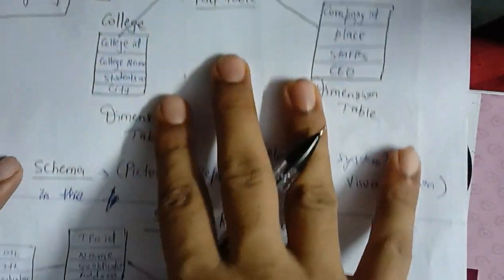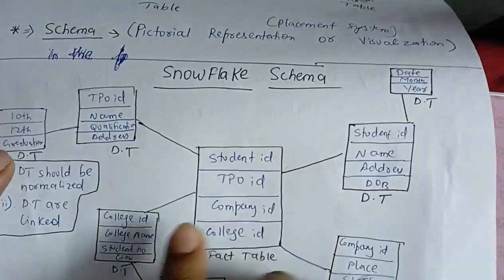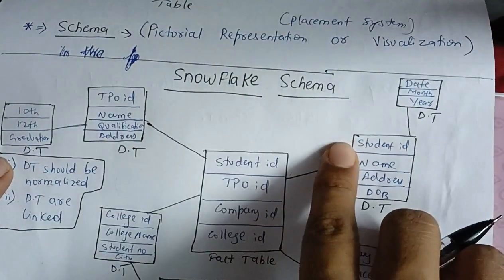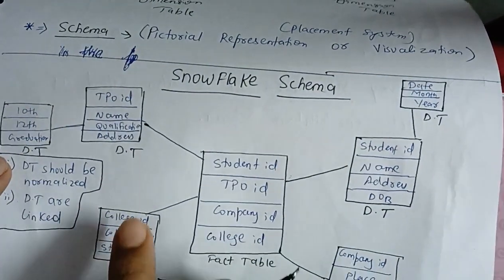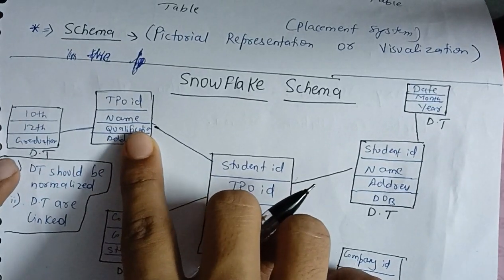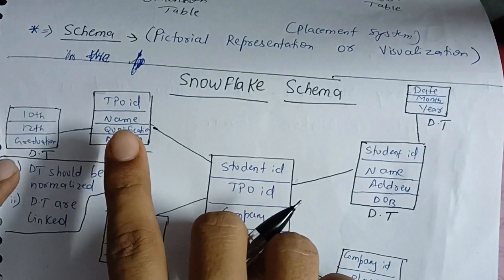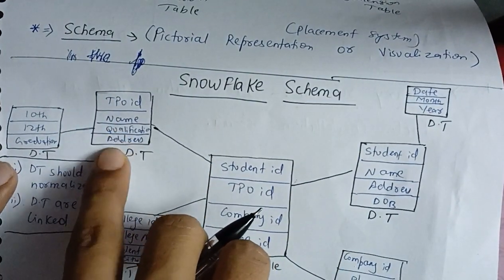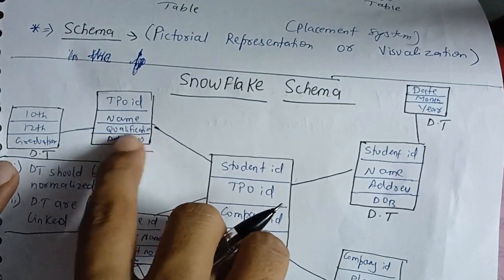Now we are talking about snowflake schema. It is similar to the star schema. The one difference is that the dimension tables are normalized in snowflake schema. If you take the example of TPO, there is one attribute called qualification.